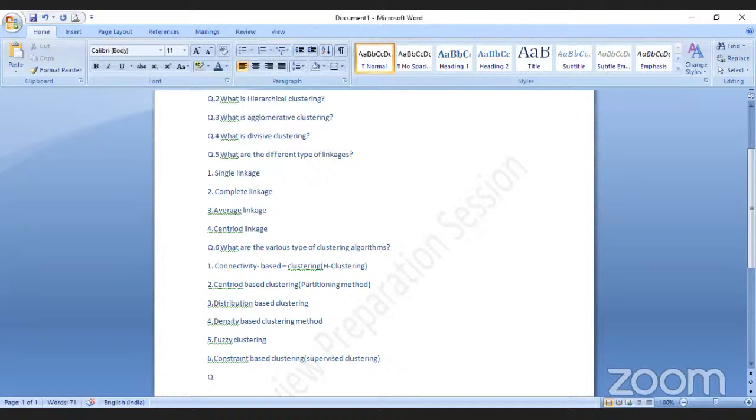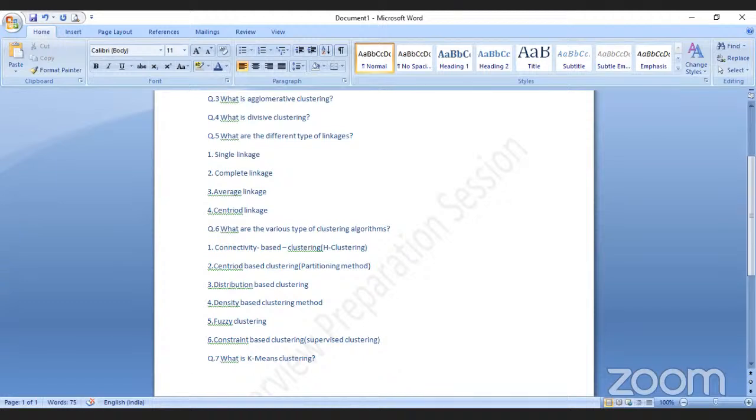So next, what is k-means clustering? K-means clustering is a method of cluster analysis using a pre-specified number of clusters.